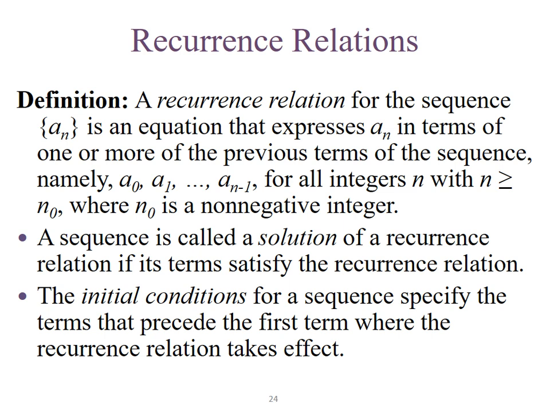Then we have the initial conditions, because to discover what F1, F2, F3 are, we need initial conditions to tell us, for example, F0 or F1, then we can get F2 by the original definition of this relation.